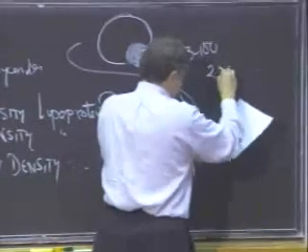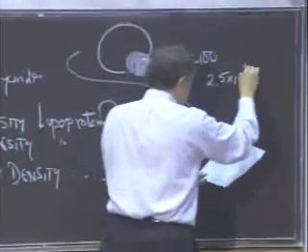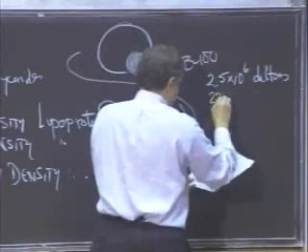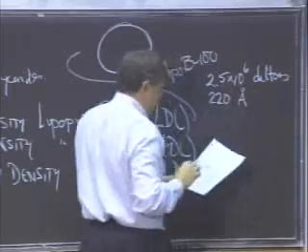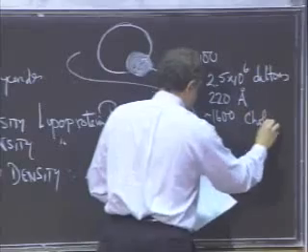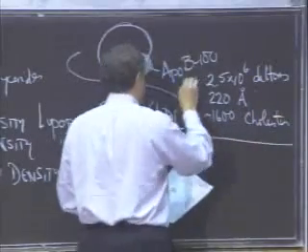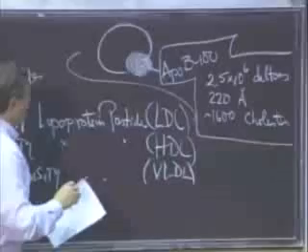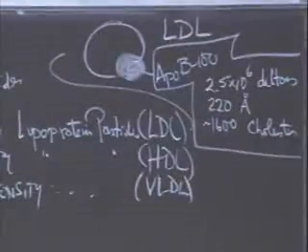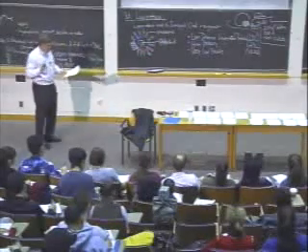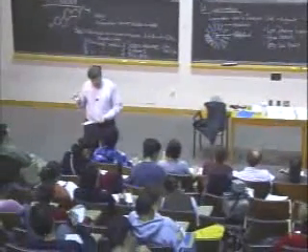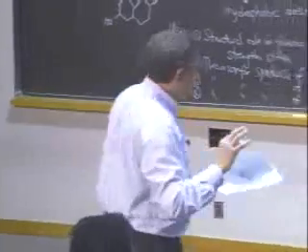They are about 2.5 million Daltons, about 220 angstroms in size, and each of them contains about 1,600 cholesterols. That's a description of these LDL particles. Okay? So cholesterol, if it's going to be transported in the blood, gets packaged up into LDL particles, and it gets sent off to cells.